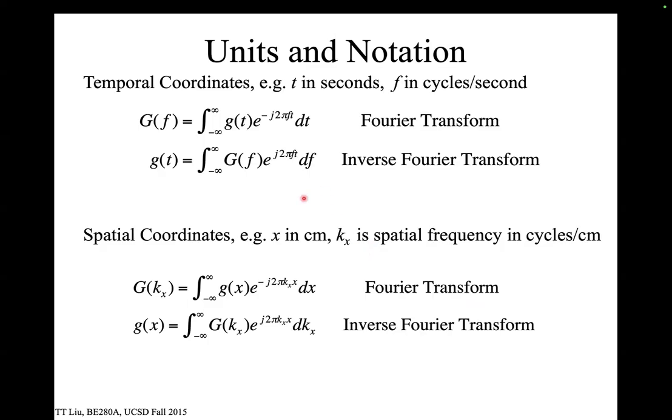Units. So the point of this is many of you, if you've done Fourier analysis before, you may have done it in the context of essentially audio or E&M. And so oftentimes g of t is the function, and it's a time domain function.